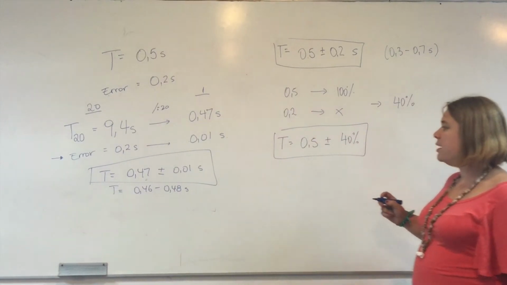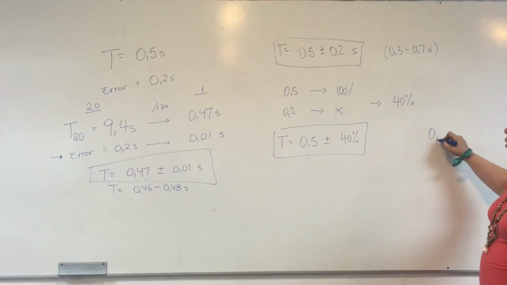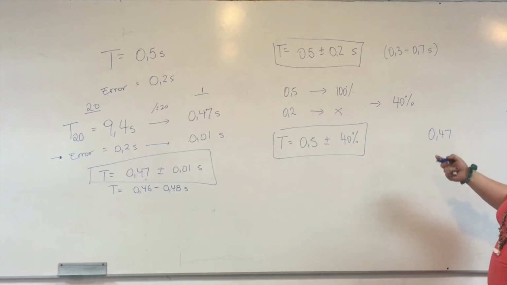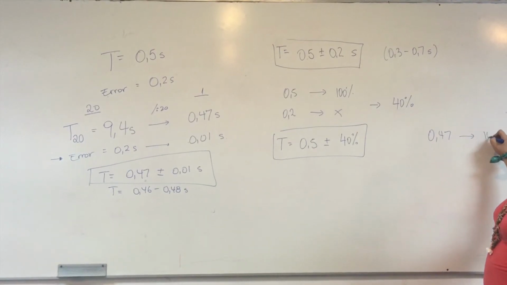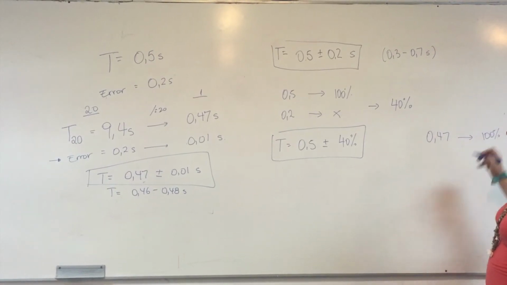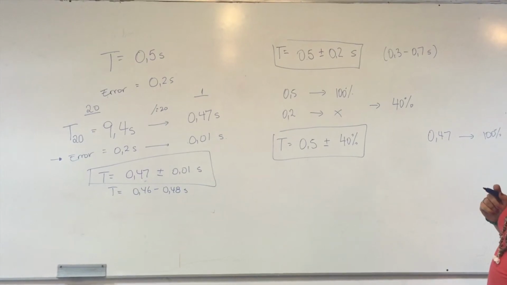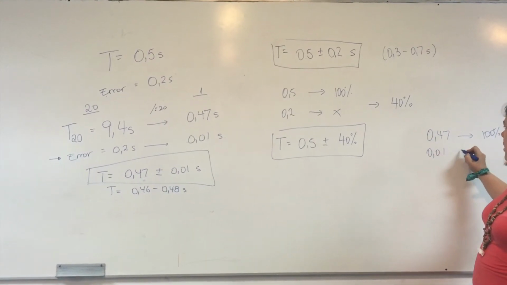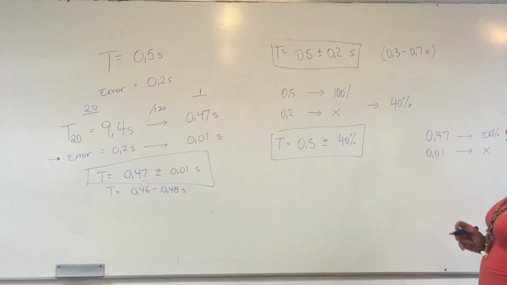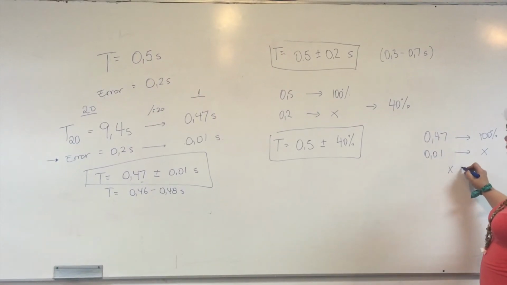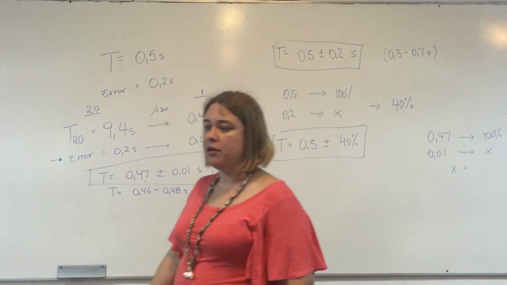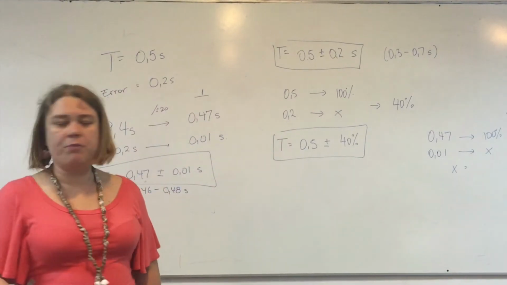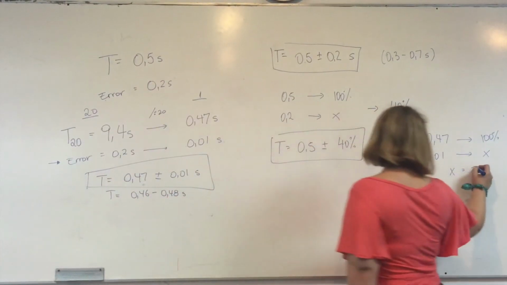In our rule of 3, we're going to say the following. 0.47, which is our total measurement, is our 100%. In the second case, we're going to say, okay, so our error now associated is 0.01. What percentage is that? If we put all of these into a calculator, we should get a value of approximately 2.13%.